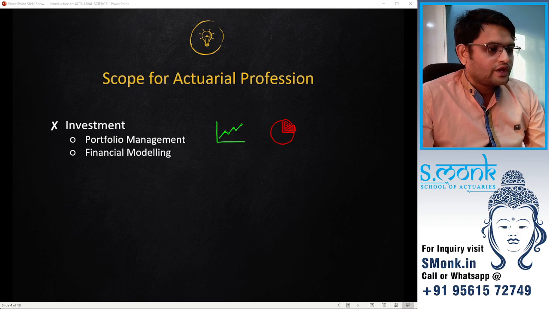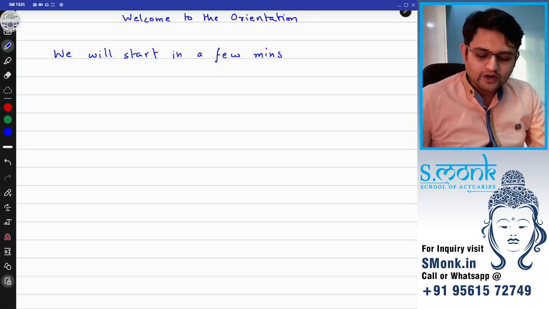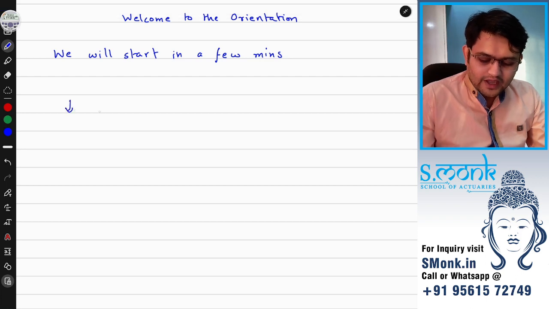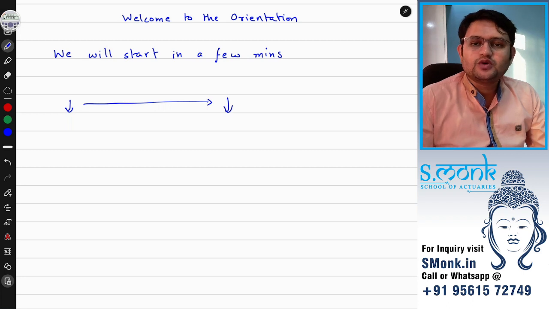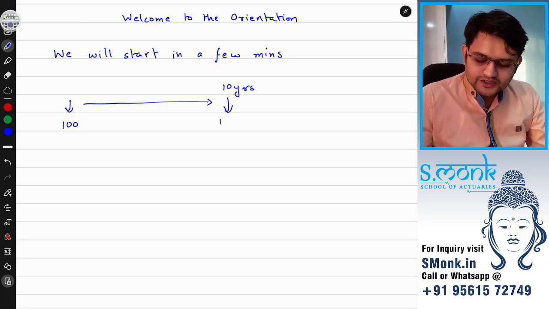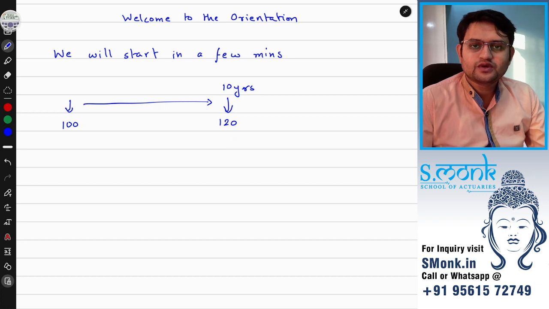Usually, the government says, give me money today, and after a certain number of years, I will return you a certain amount of money. So let's say today you gave them 100 rupees. After, let's say, 10 years, they will return you, let's say, 120 rupees. So that is called a government bond.